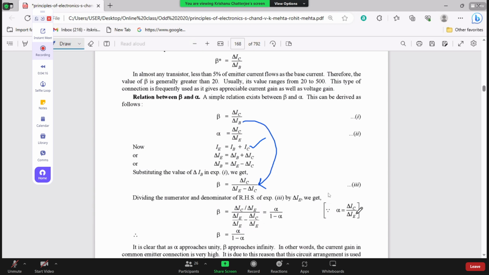We know delta IC by delta IE, the change in the collector current to the change in the emitter current in case of common base, is alpha. So beta equals alpha by 1 minus alpha. This is a very important relation. Beta equals alpha by 1 minus alpha.